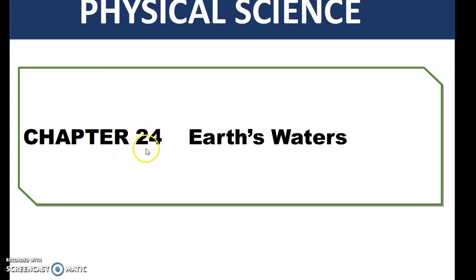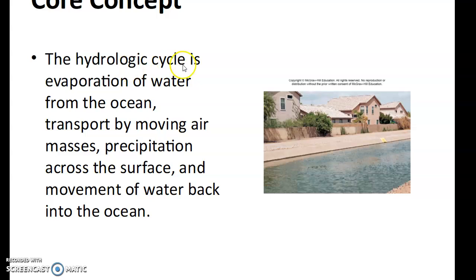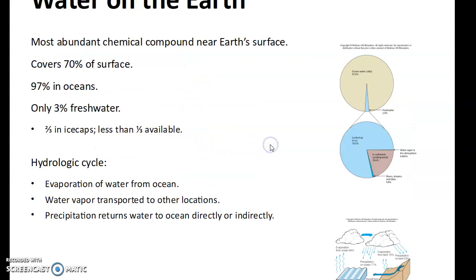Earth's waters, chapter 24. The hydrologic cycle is evaporation of water from the ocean, transport by moving air masses, precipitation across the surface, and movement of water back to the ocean, right? That's the cycle that happens. Water is the most abundant chemical compound near the Earth's surface. It covers 70% of the surface. 97% is in the oceans.